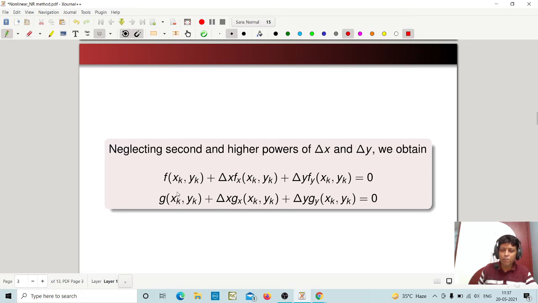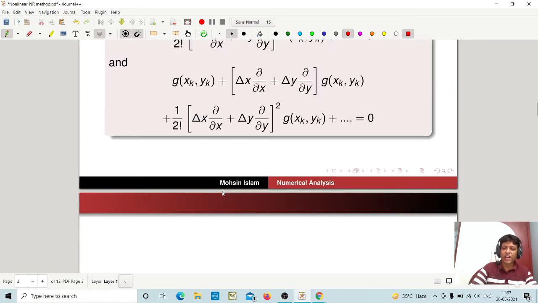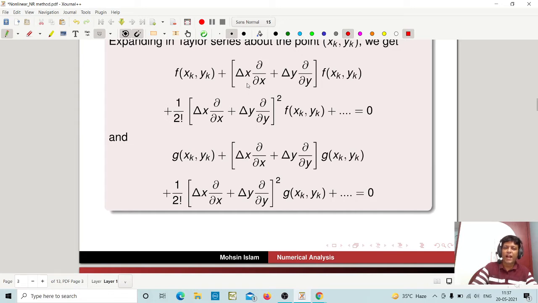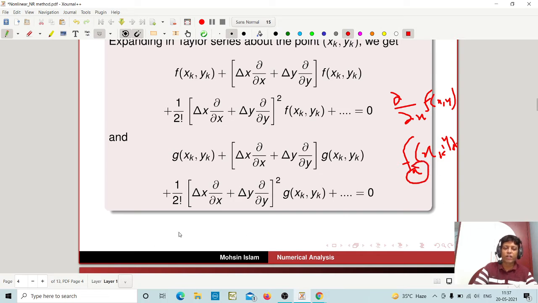We obtain simply f(xk, yk) plus delta x ∂/∂x of f, which is written as fx, the partial derivative with respect to x, and the partial derivative with respect to y is written as fy.